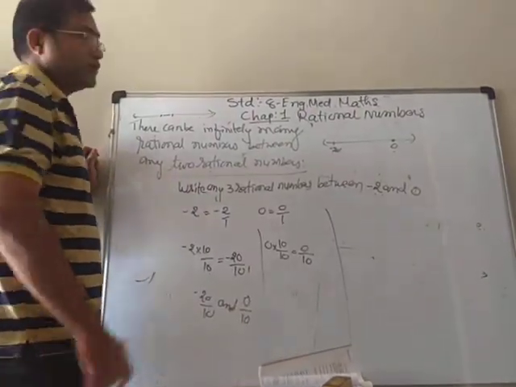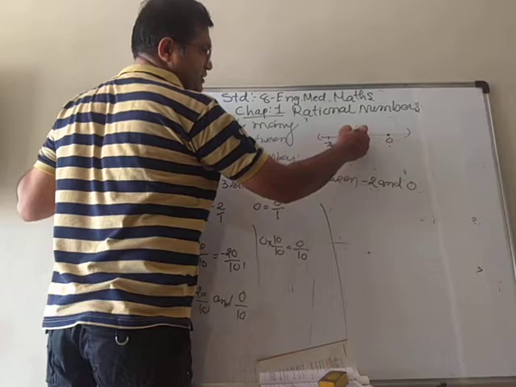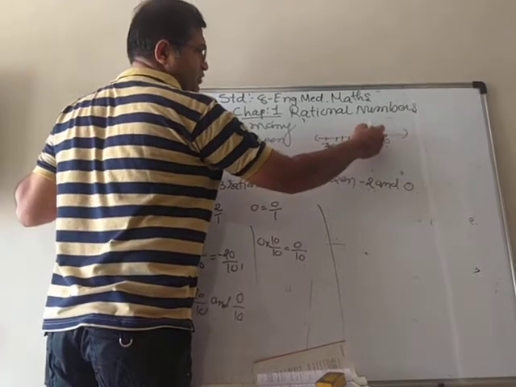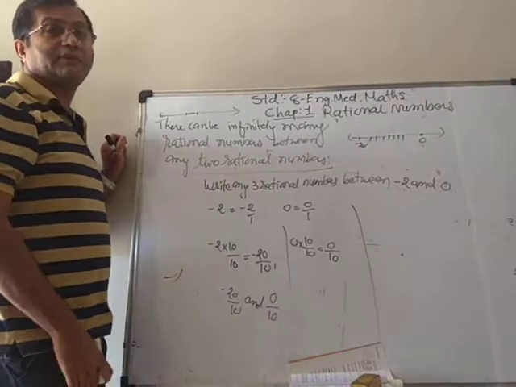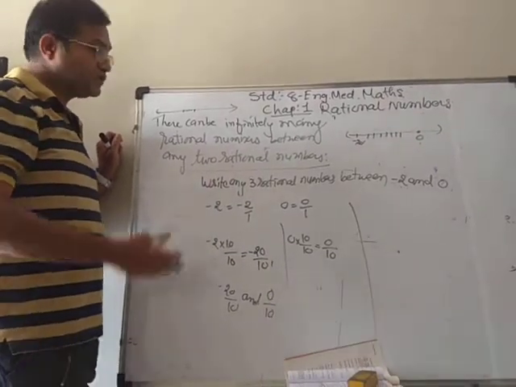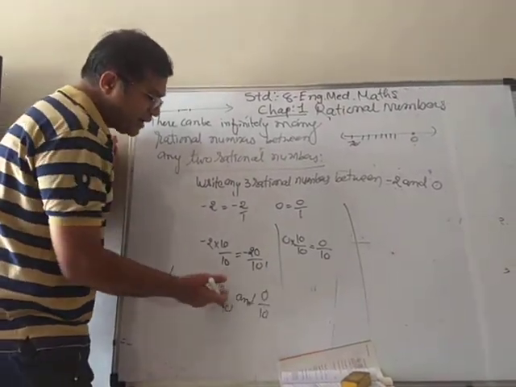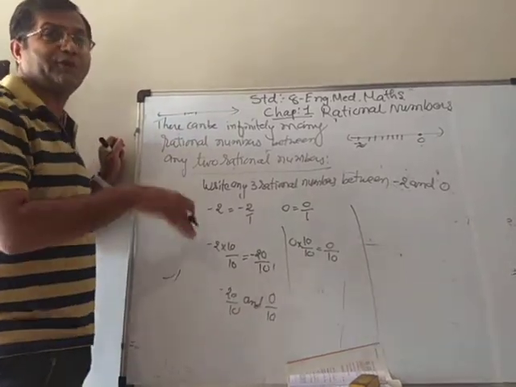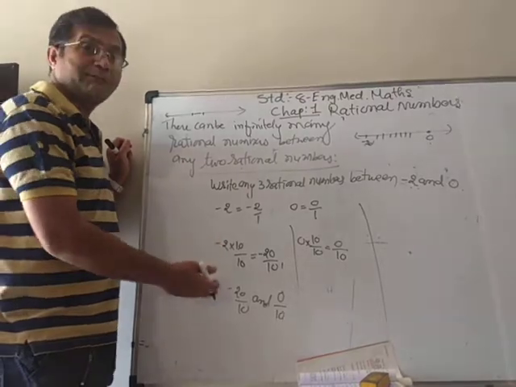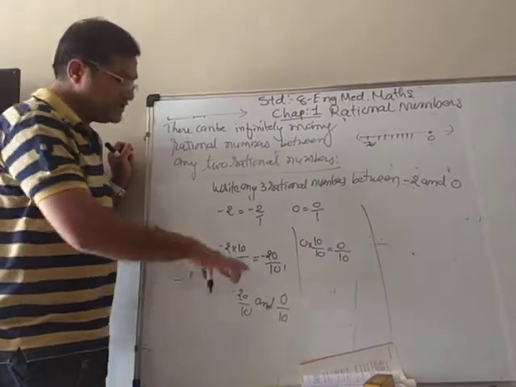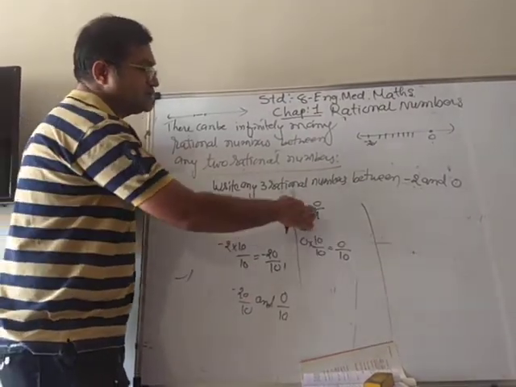So many. You can start from -19, -18, -17, -16, -15, and so on down to 0, every number. So now you can choose any three numbers between -20 and 0 and put 10 in the denominator. Those are rational numbers between -2 and 0.